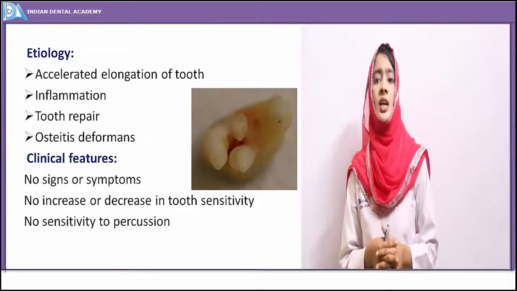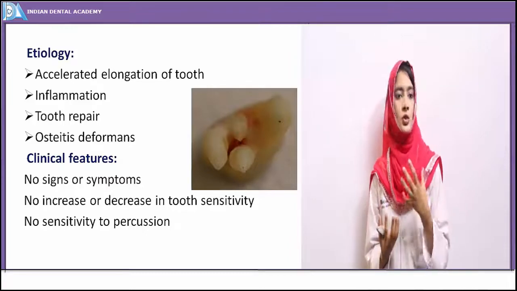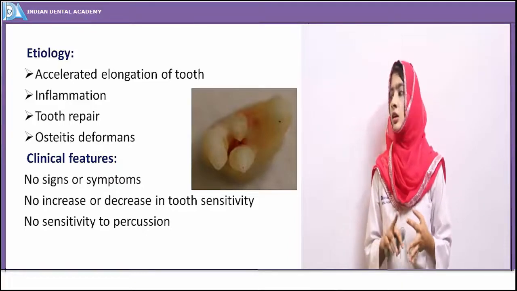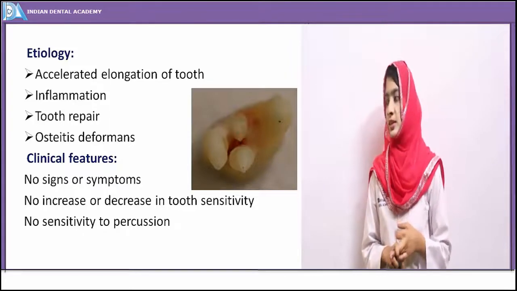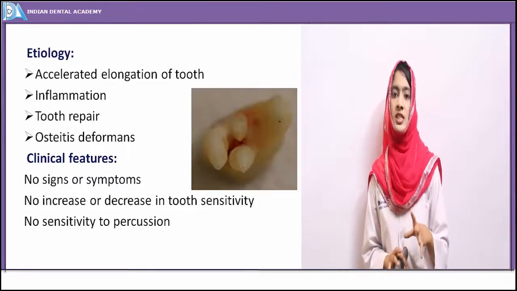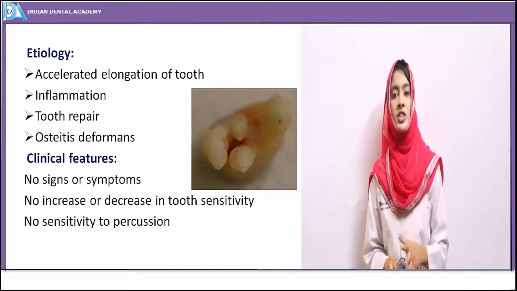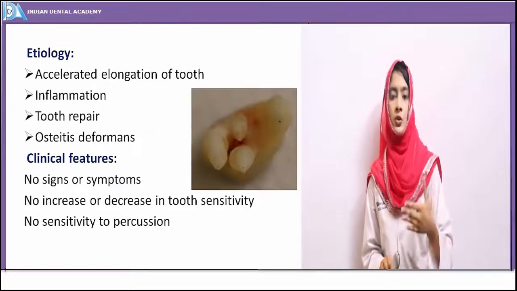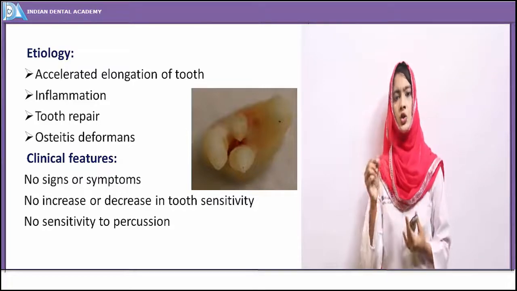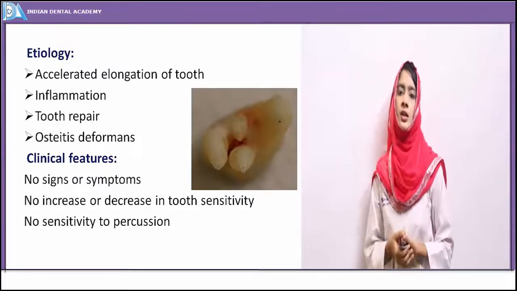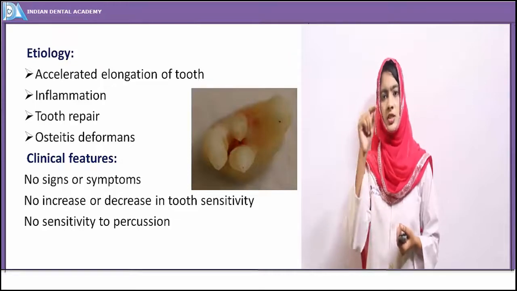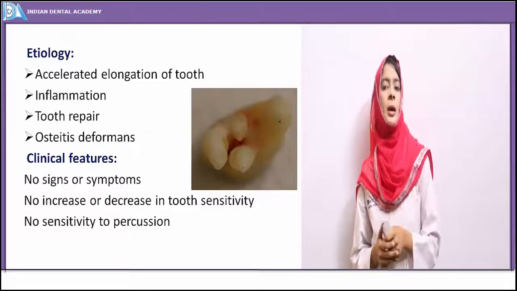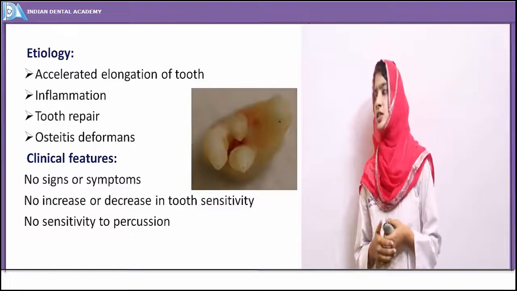Clinically, a hypercementous tooth presents no signs or symptoms: no change in tooth sensitivity, no sensitivity to percussion, no clinical features. Hypercementosis is discovered on radiographs, where small outgrowths or spikes of cementum may be seen on the apex or anywhere along the root surface.